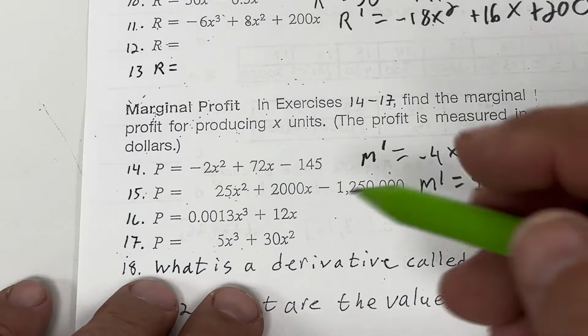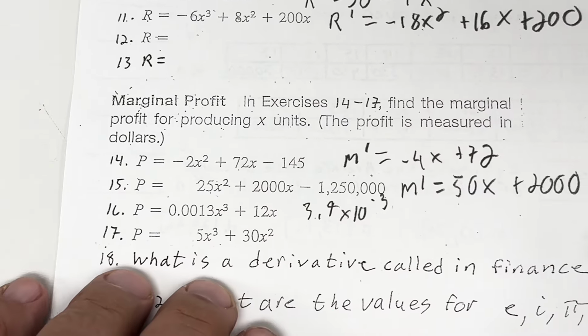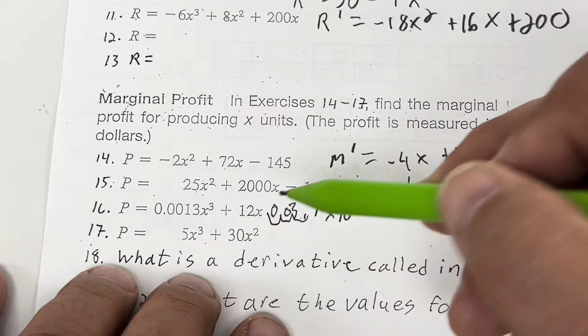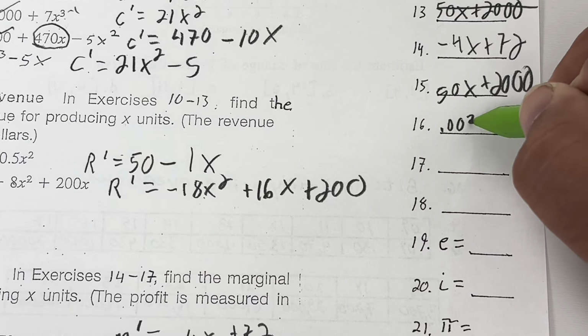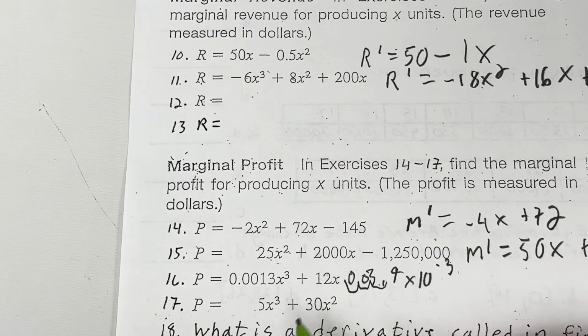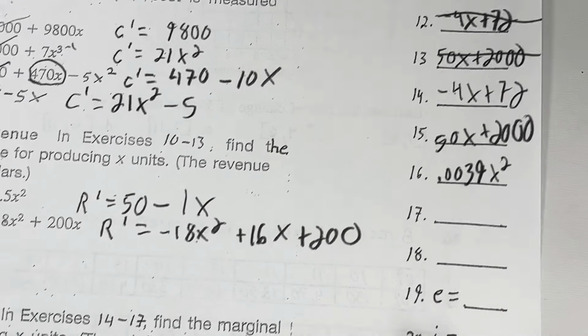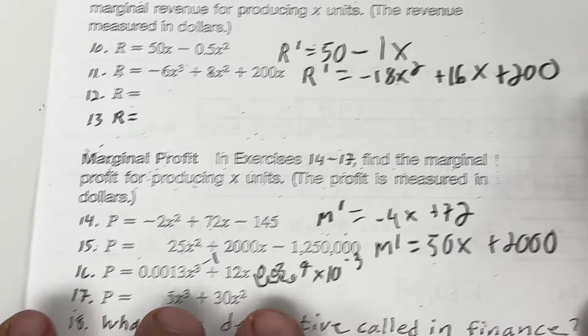If I have 3.9 times 10 to the negative third, all that means is I go left, 1, 2, 3. So 0.0039 x squared, because I have to subtract 1. And the derivative of 12x is just 12.